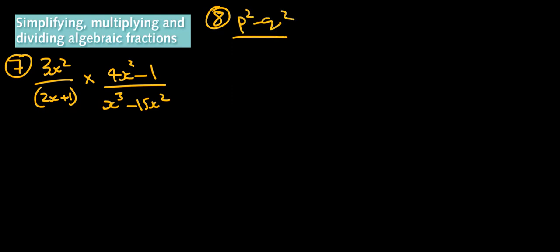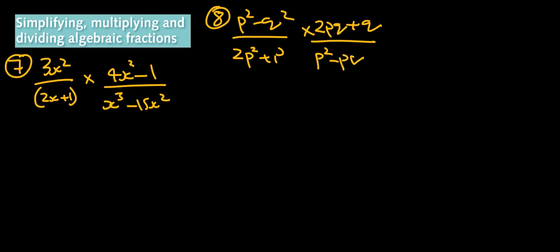I'll be recognizing the perfect squares and differences of two squares. Okay, let's double check if I've done this right. 3x squared, 2x, yes, p squared minus q squared, yes, 2pq, yes.